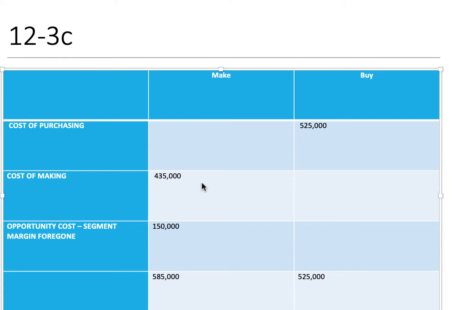So based on this situation, with the opportunity cost, there is actually a $60,000 advantage to buying the carburetors. So again, given this new assumption, yep, we're going to accept that offer, because we can make an additional $150,000 of segment margin.